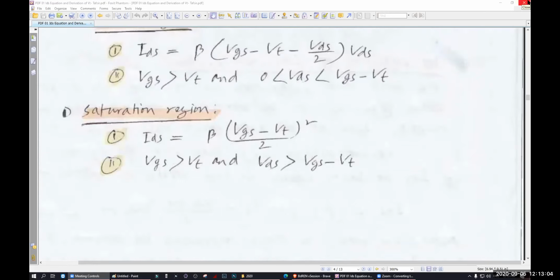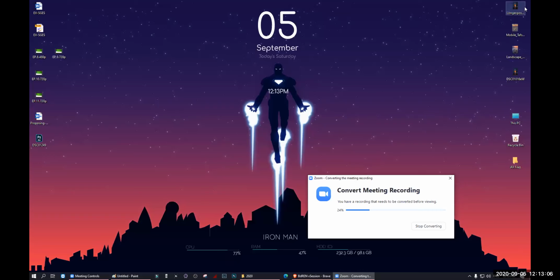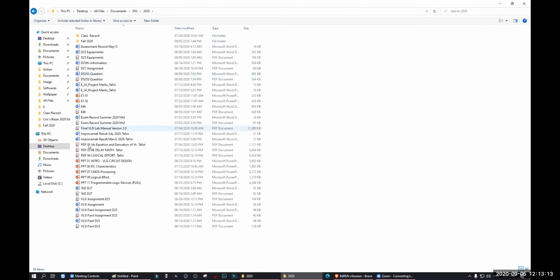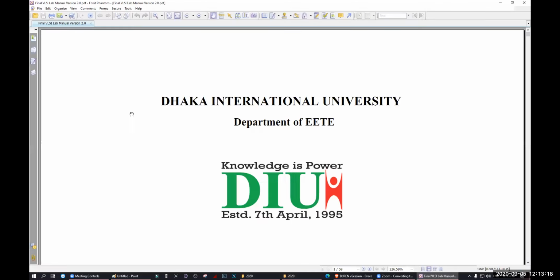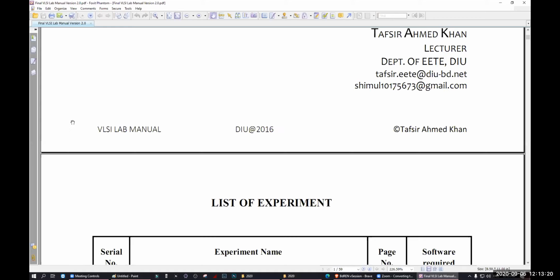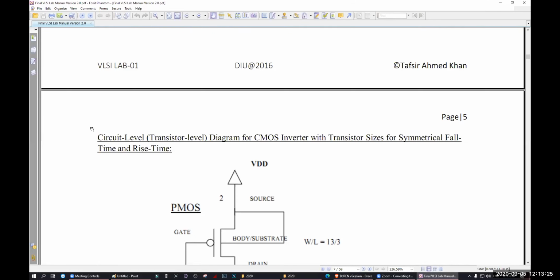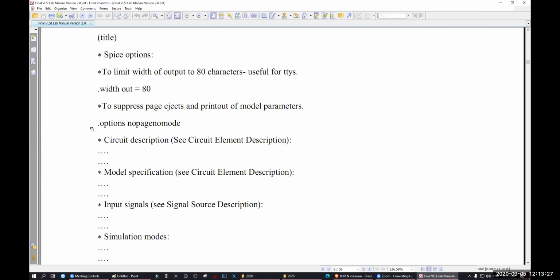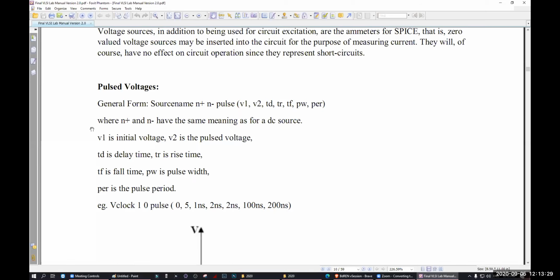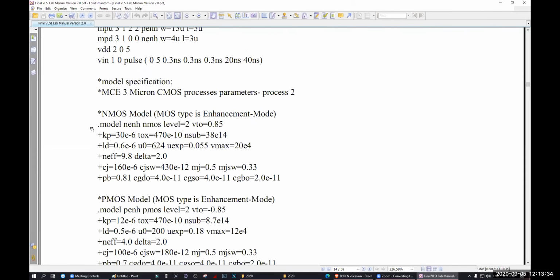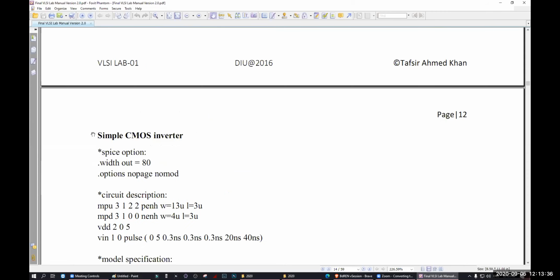Now we will go to the lab. Okay, this was our first lab.